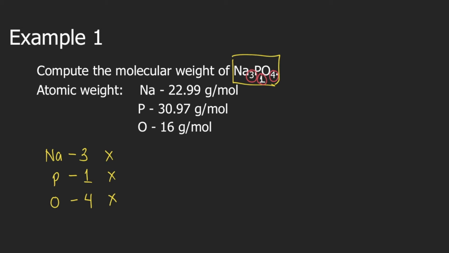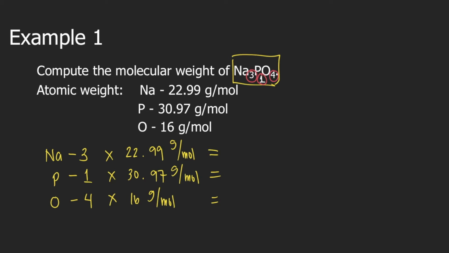So for sodium, that's 3 times 22.99 grams per mole. For phosphorus, that's 1 times 30.97 grams per mole. And for oxygen, that's 4 times 16 grams per mole. And you solve this using your calculator.